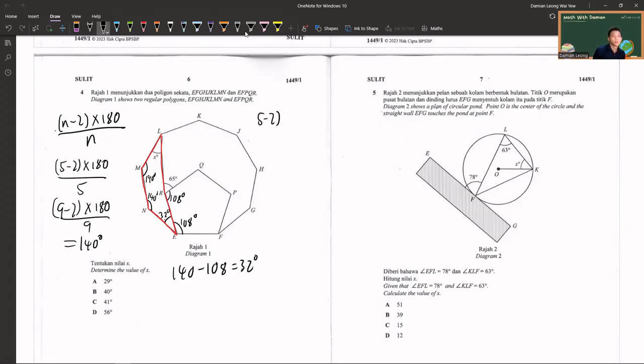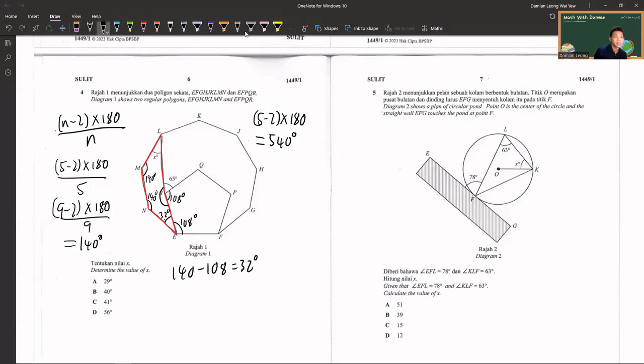So 5 minus 2 times 180, which I get 540 degrees. Okay, so all the interior angles add together. Okay, setiap nilai sudut pedalaman, kalau kami jumlahkan semua dia, kami akan dapat 540 darjah, 540 degrees.